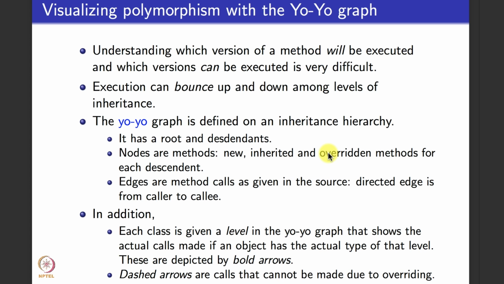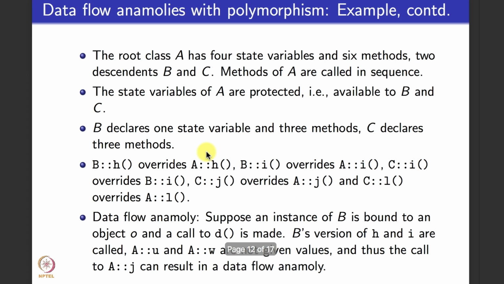There's a string and then there's a top-like thing where you can rotate the string, and when you release the rotating entity from the string, it bounces up and down, right? So what we're trying to say is that the method call graphs across classes can bounce up and down like a yo-yo. We'll illustrate it for the example that we saw in this slide.